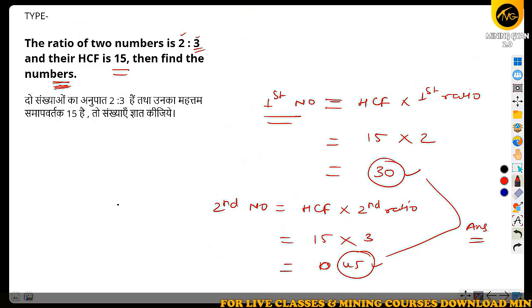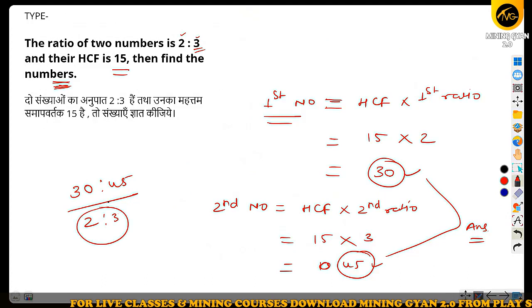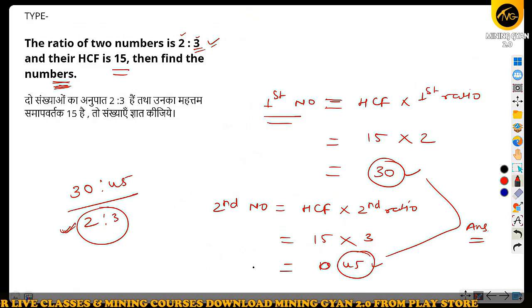We can also check the answer. Suppose 30 to 45, it means 2:3, and that is given in the question. That means the first number is 30 and the second number is 45. That's why the ratio is 2:3.